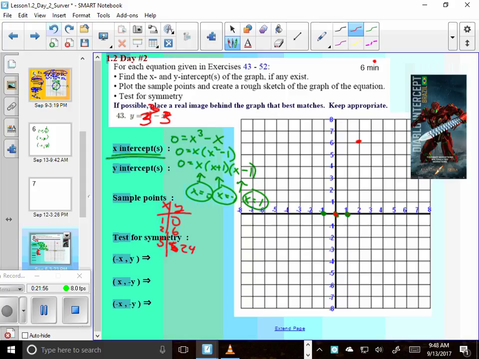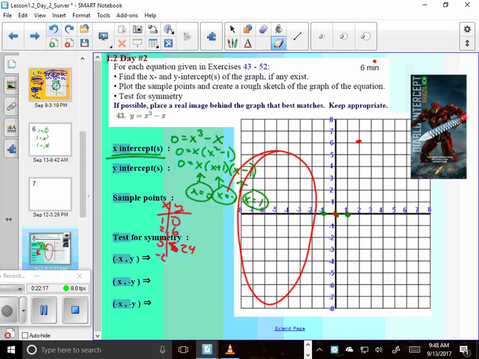Now, I am not going to take the time to graph all the possible points and figure out exactly where this graph is. But I'm going to put in one more over here in this zone and try to figure out, does it go down over there or up over there or what? So I'm going to put in negative 2. Negative 2 goes in.